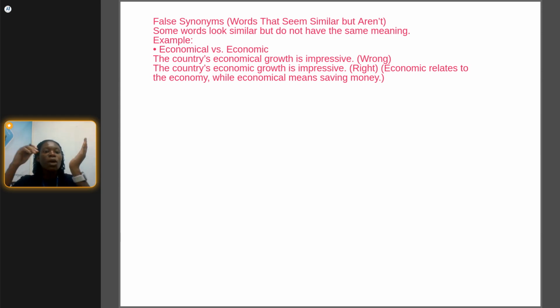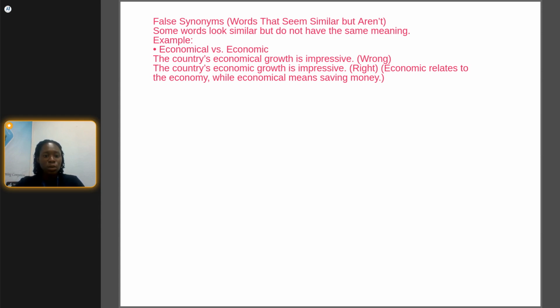But when you say the country's economic growth is impressive, that's correct because it relates to the economy. While economical for the first sentence means saving money. So you have these words that look alike, and you have to be careful so that you do not choose the wrong word as your option.